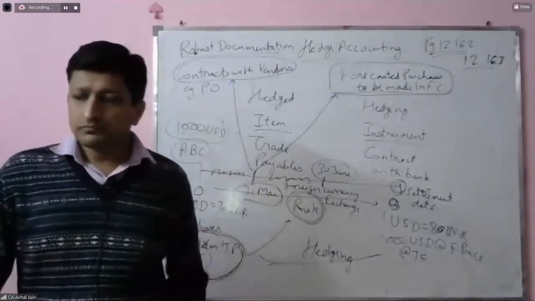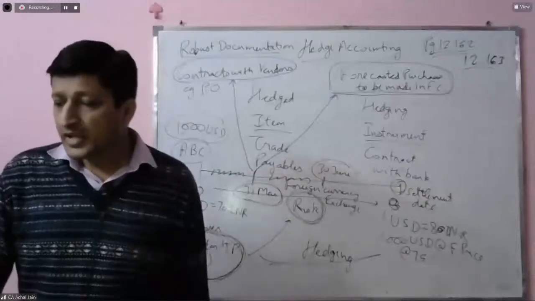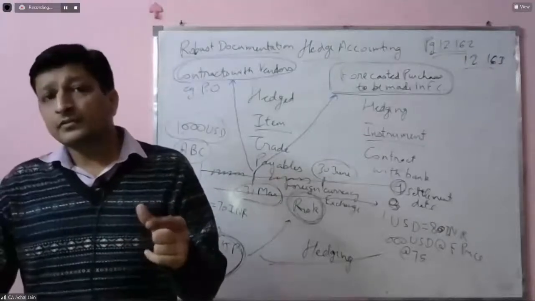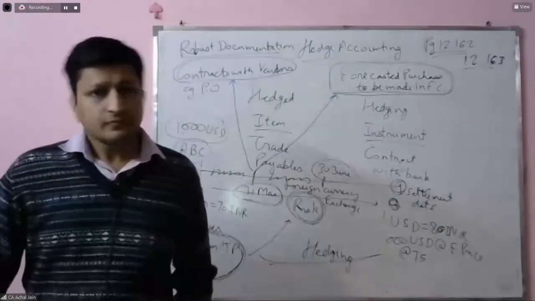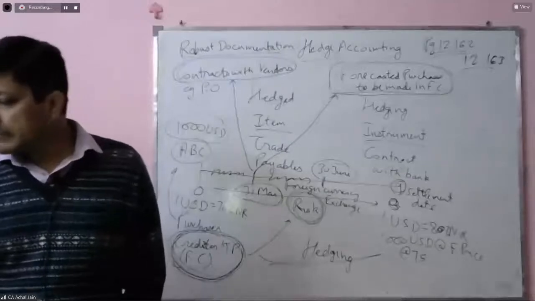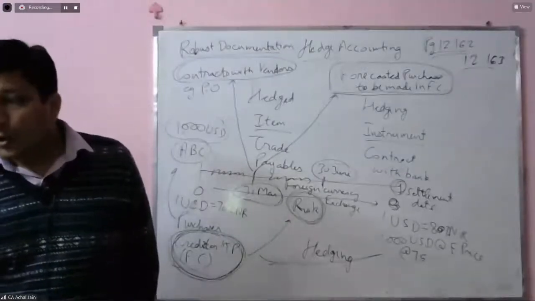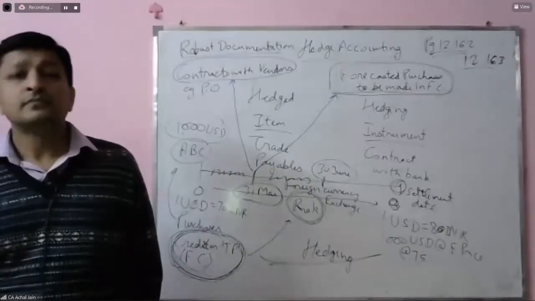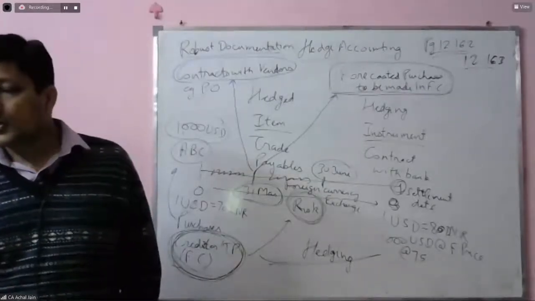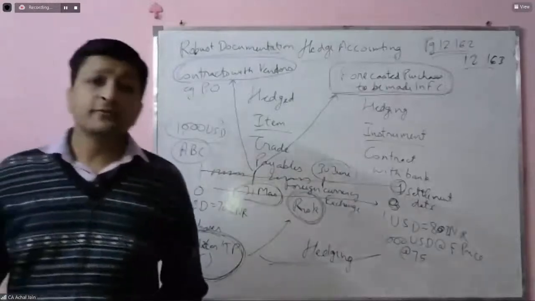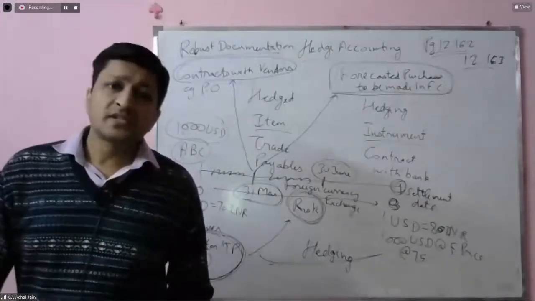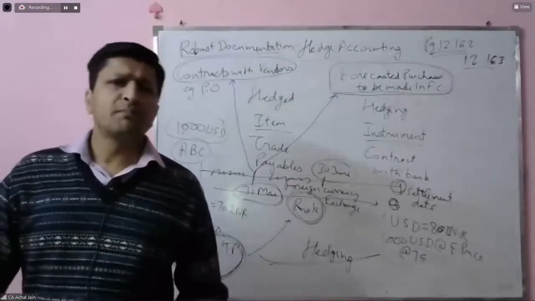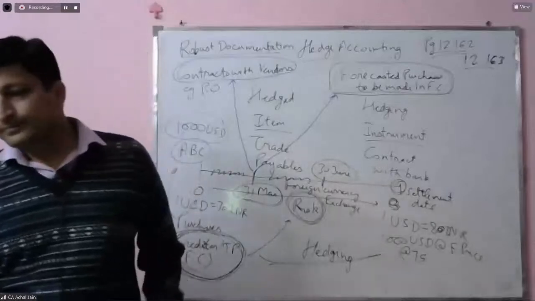If we say no, it's not designated at fair value through OCI, then its change in fair value will go to P&L. Correct? Then hedging gain or loss on this hedged item, what do we do with that? That will be adjusted in carrying amount of hedged item. Simply, this is what you do. Correct.